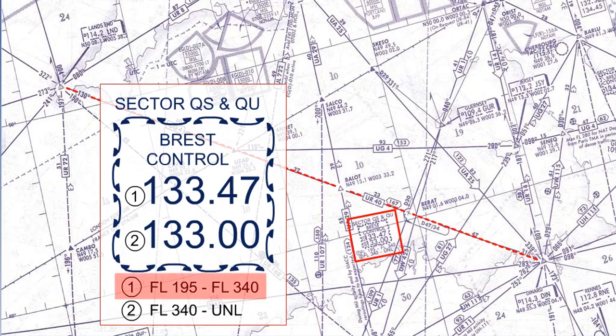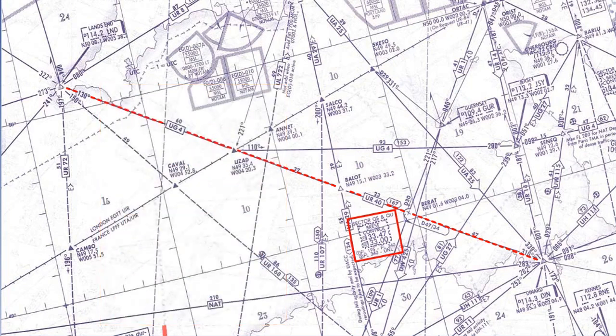Between flight levels 195 and 340, use frequency 133.47 as indicated by the note 1 under the box. And above flight level 340, use frequency 133.0. The boundary of this sector is marked by the faint telephone symbols, and the FIR boundary.